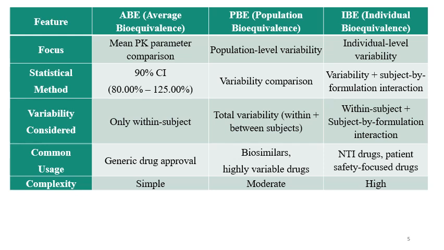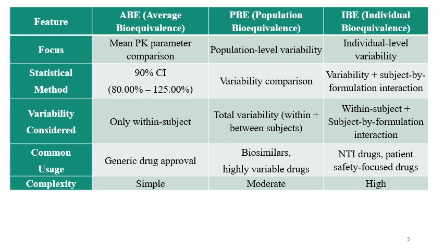Now see the differences between ABE, PBE and IBE. ABE focuses on the mean PK parameter, PBE focuses on population level variability, and IBE focuses on individual level variability. The statistical method for ABE is based on the 90% CI, which should be within the limit of 80 to 125%.